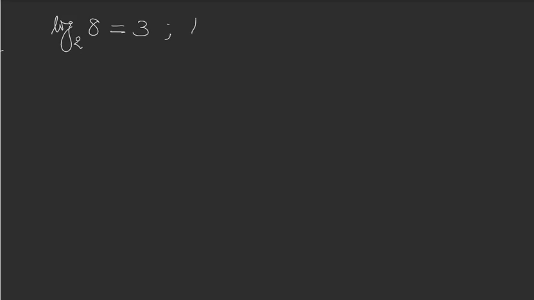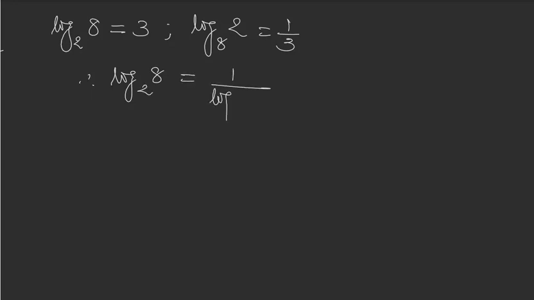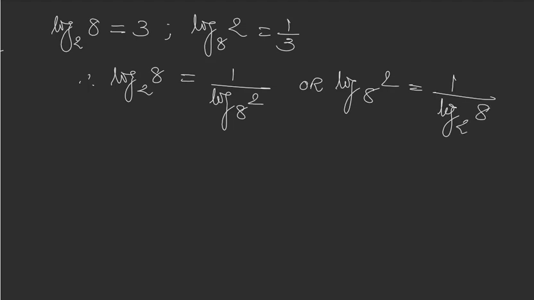And log of 2 to the base 8 was 1 by 3. So I can say that therefore log of 8 to the base 2 is the reciprocal of log of 2 to the base 8, right? Or log of 2 to the base 8 is the reciprocal of log of 8 to the base 2, right?